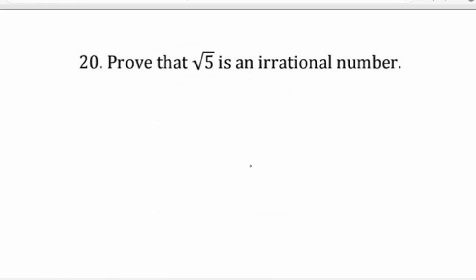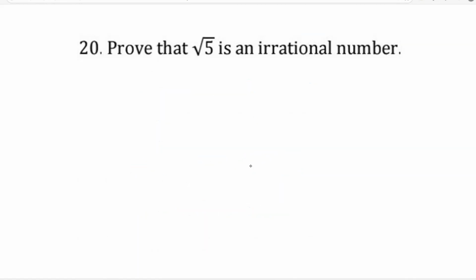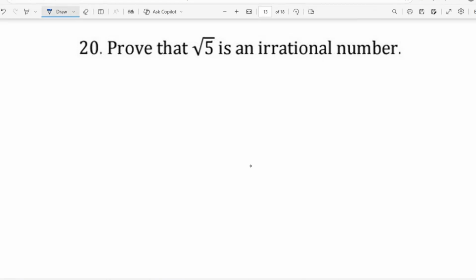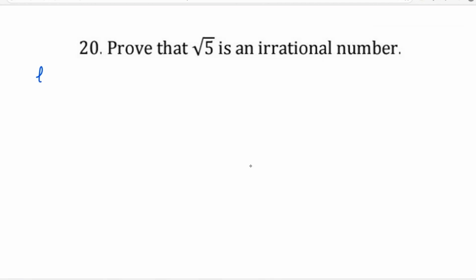The next question is question number 20. Prove that root 5 is an irrational number. So to prove, let us assume root 5 is rational.